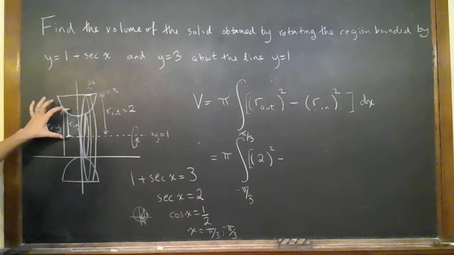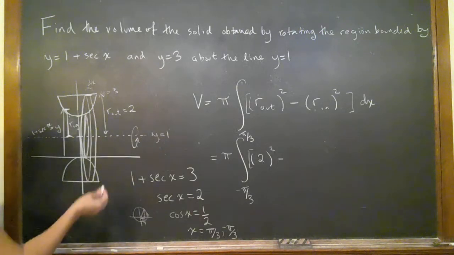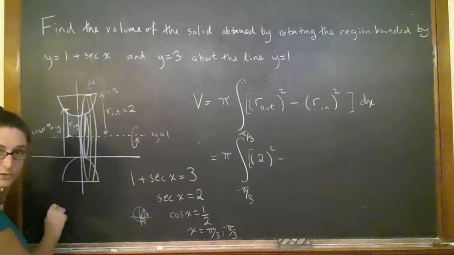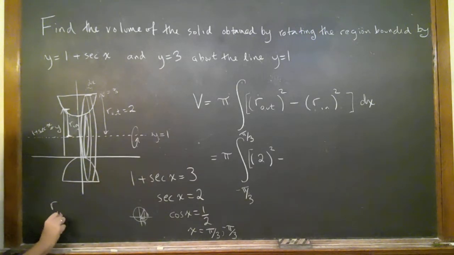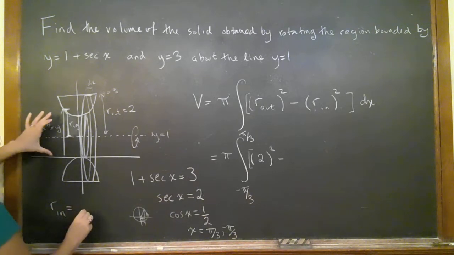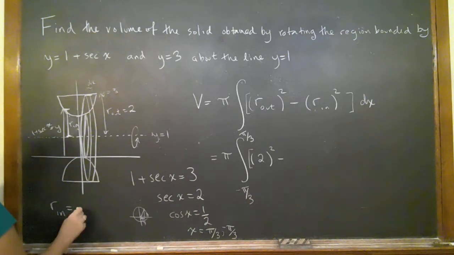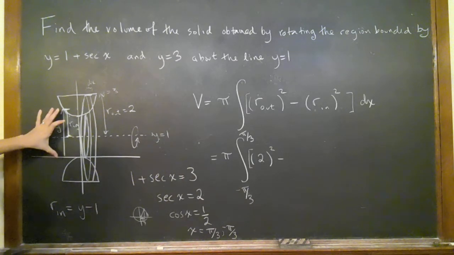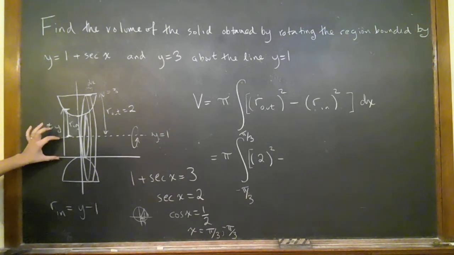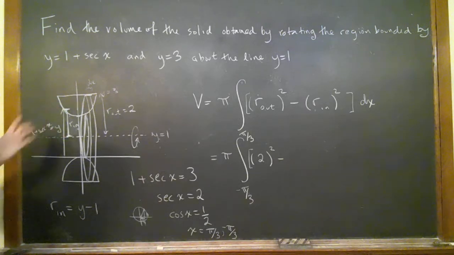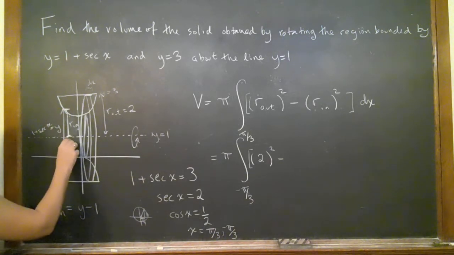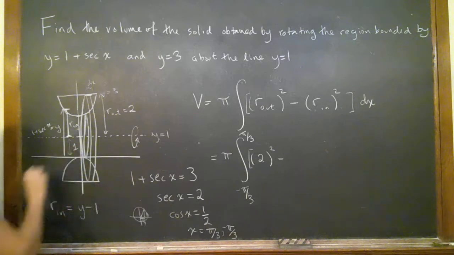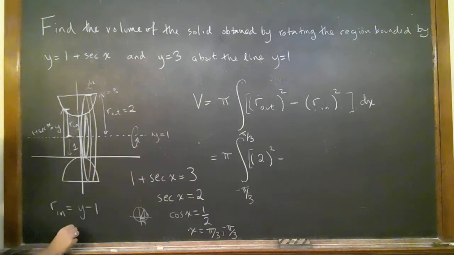So if I want this piece, let me write it down. Here, can you guys see it? The inner radius is going to be y minus 1, right? The whole thing minus this piece is going to give me this piece. This piece is just 1. So that y is 1 plus secant of x.